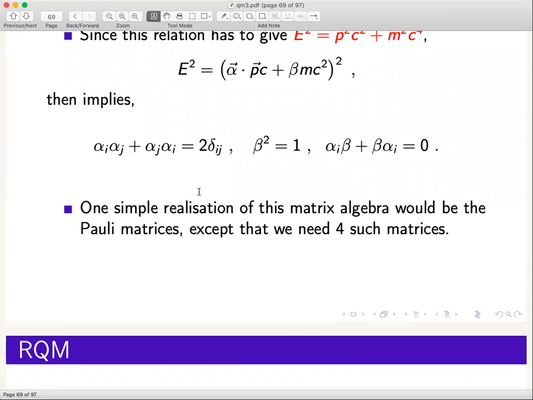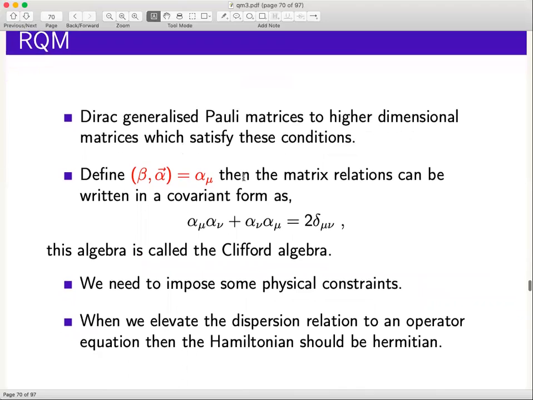The simplest realization of an algebra of this kind was the Pauli matrices, but there are only 3 of them, whereas we want 4. So we realized that we need matrices which are bigger than 2 by 2 matrices. If you write that in the covariant form, then the anti-commutation relation looks like this: alpha_mu alpha_nu plus alpha_nu alpha_mu equals 2 delta_mu nu. And this algebra is called the Clifford algebra.